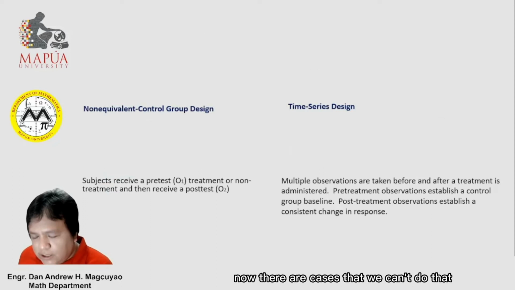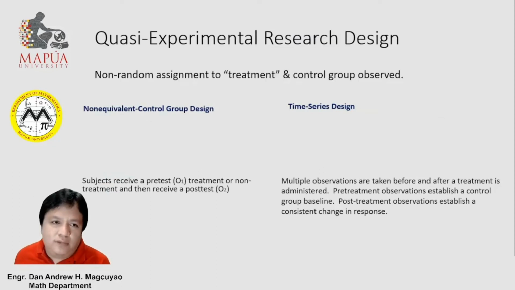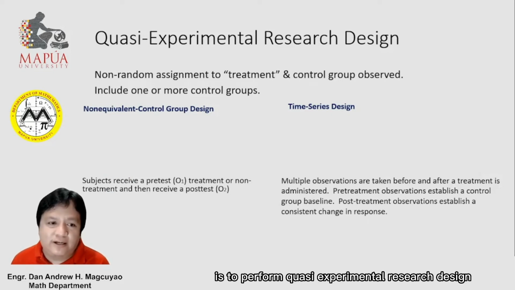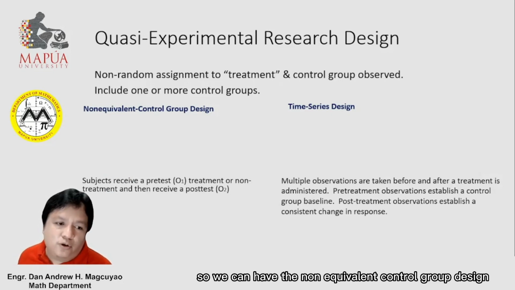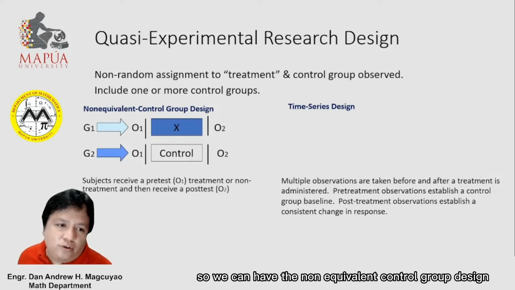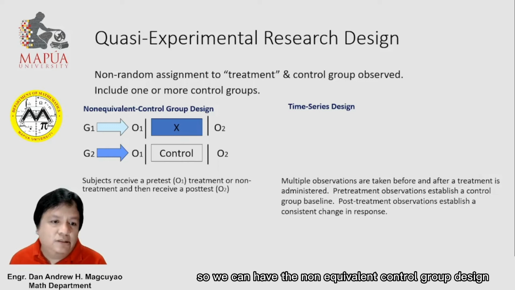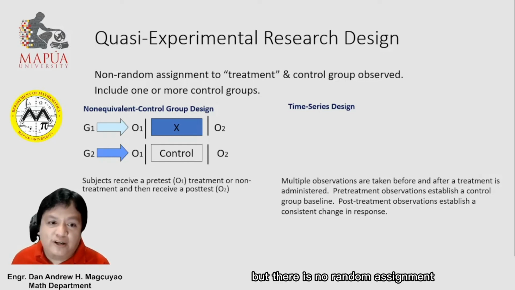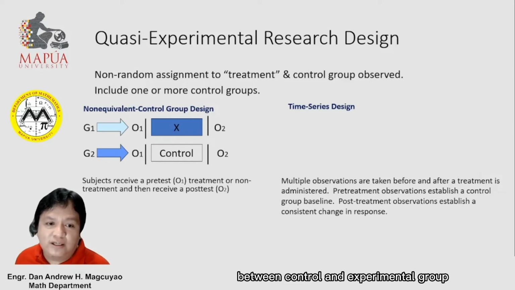Now, there are cases where we can't do that experimental research design. So what we're going to do is to perform a quasi-experimental research design. So we can have the non-equivalent control group design. You can have your pre-test, post-test, but there's no random assignment between the control and experimental group.